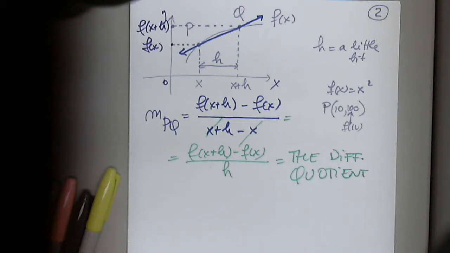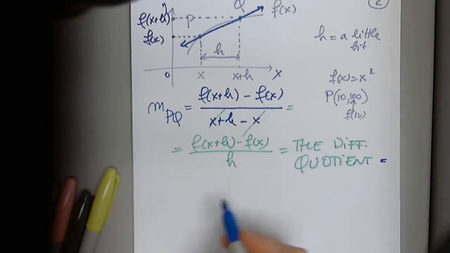So what will this be then? Yes, what will this mean? The rate of change, it's the rate of change of the function f of x between p and q. So let's write this down.